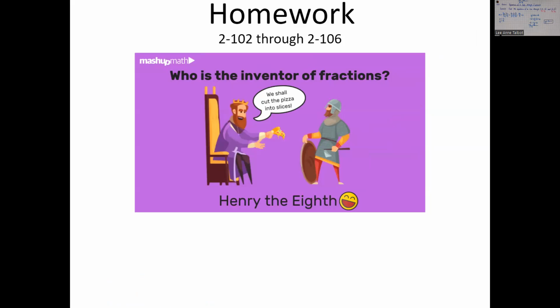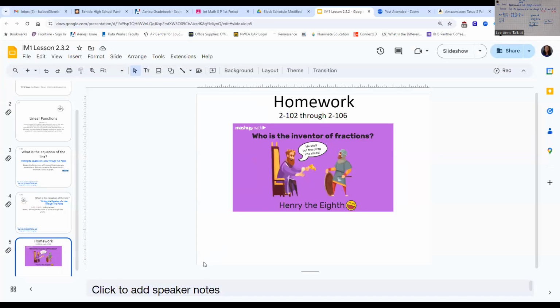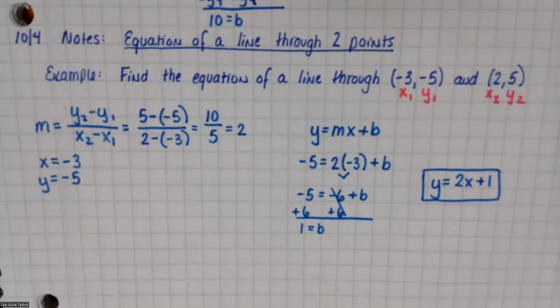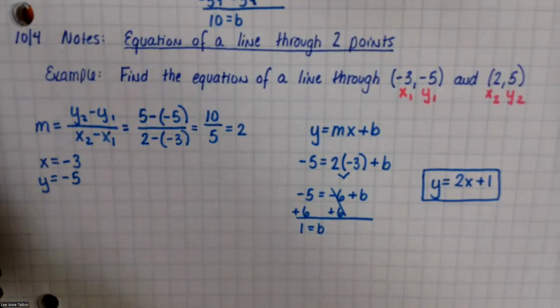Don't go saying that to people. That's not actually a true statement. Also, I'm pretty sure they didn't have pizza during Henry VIII's time. Do you guys know when Henry VIII was alive? Yeah, it's not my strong suit, the history. It's not my thing. Okay, anyway.